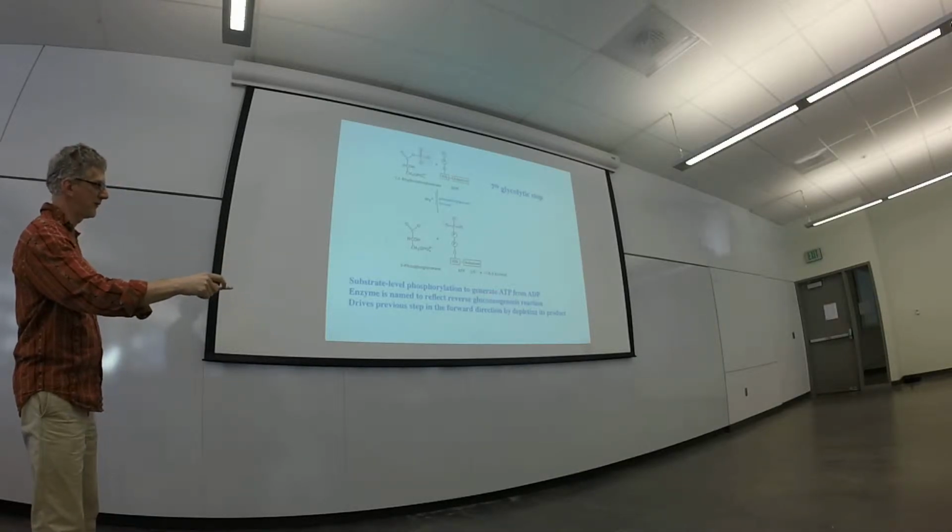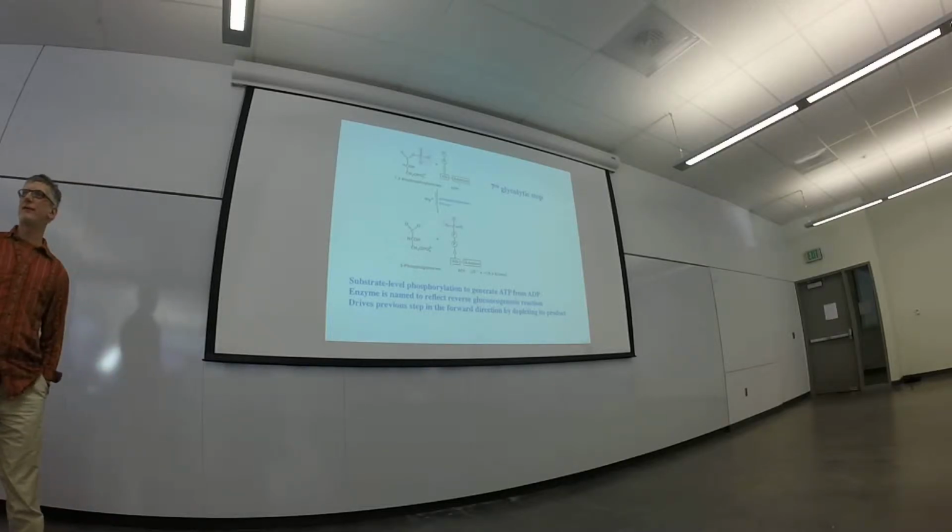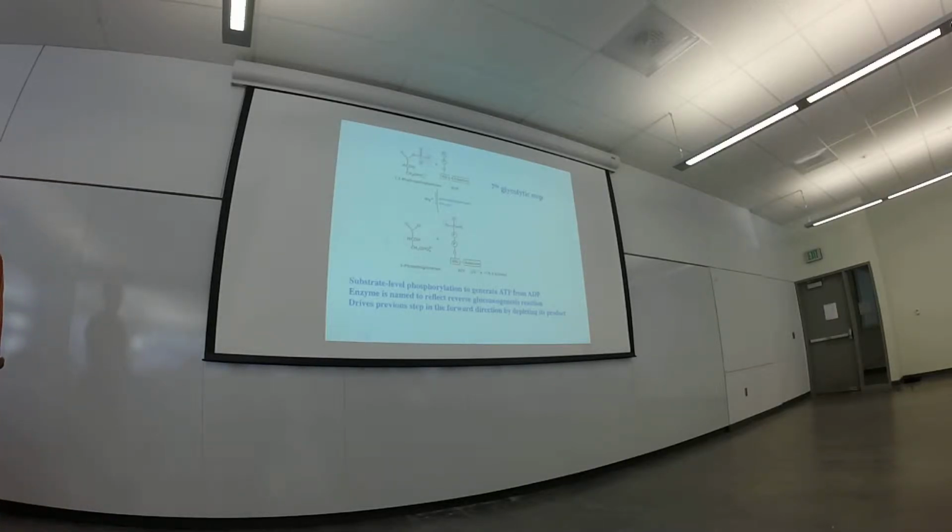And so the overall delta G0 prime is minus 18. So we've coupled ATP synthesis on an enzyme with the thermodynamically highly favored breakage of an acyl phosphate linkage.